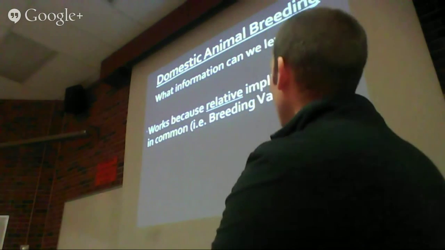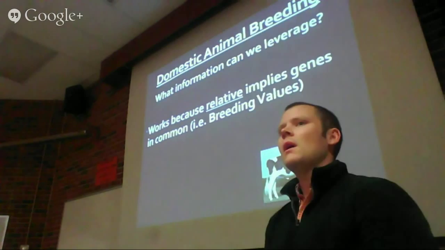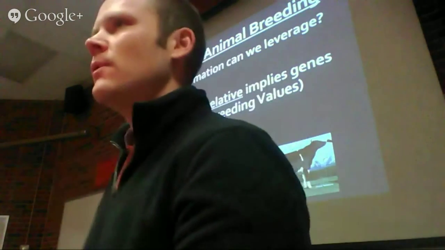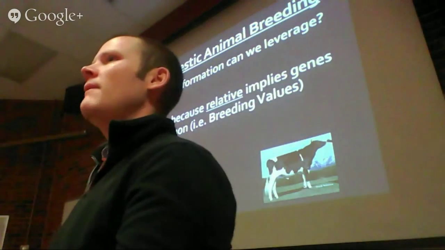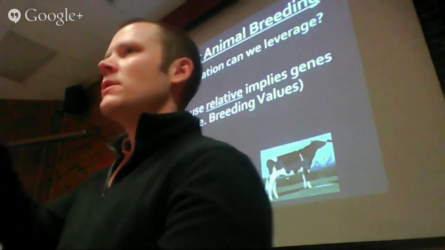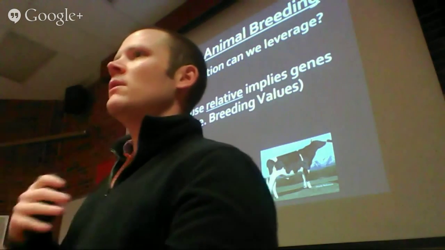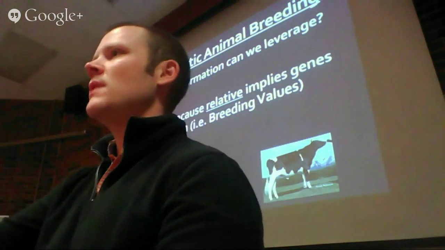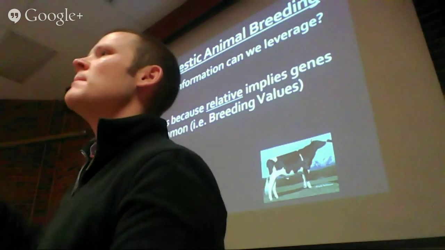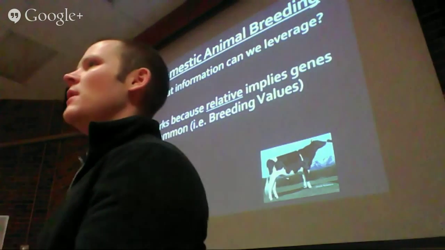Essentially, we're saying we can leverage information from every single individual we have records for that's related to the animal of interest. So if we're evaluating a single male, we can use records to evaluate him from his mother, his grandmother on back, as long as we have records. And we can use records from his daughters, his granddaughters, and so forth. So everyone related to him will give us an idea of his performance because they share the same genes.